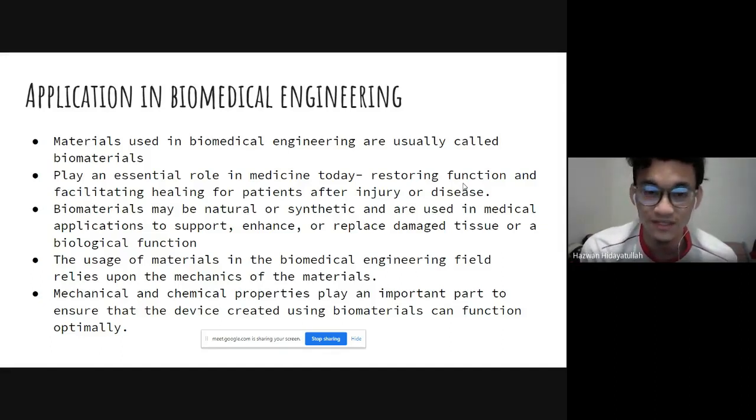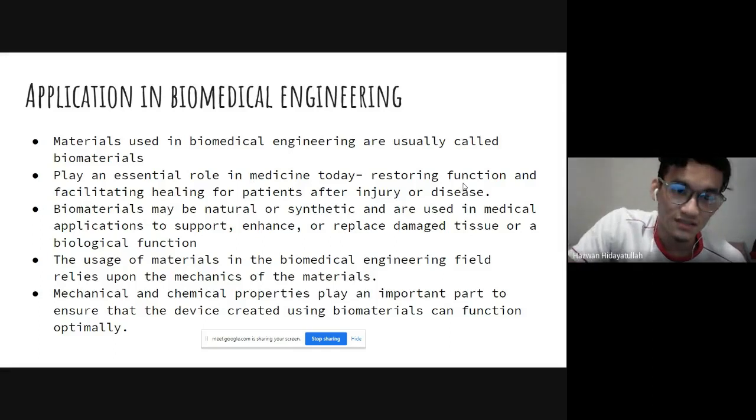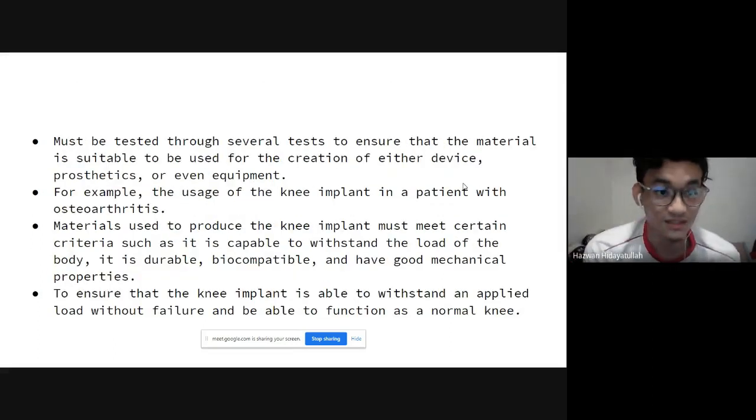So that is where the mechanics of material play an important part in biomedical engineering. As I said, they must be tested through several tests to ensure that the material is suitable to be used for the creation of either device, prosthetic, or even equipment.